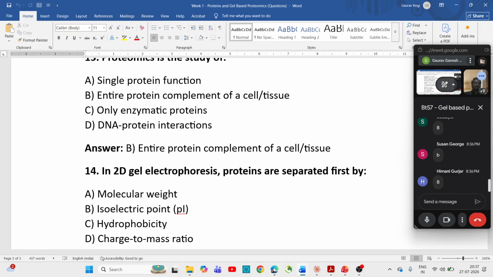What is the first technique used for 2D gel electrophoresis, and what is the second technique? I can see only two or three answers right now. Okay, proteins are separated first by isoelectric focusing, and second is SDS-PAGE, correct?